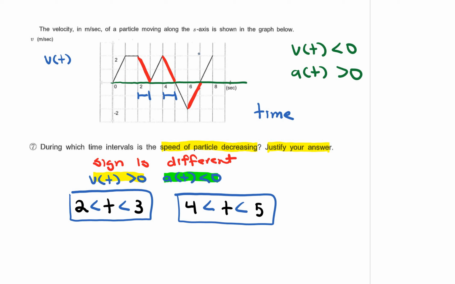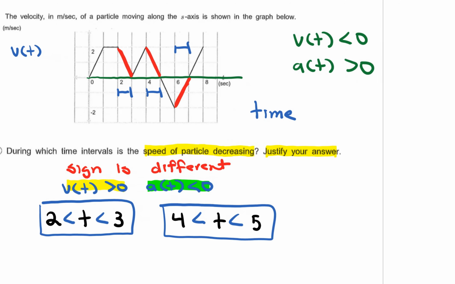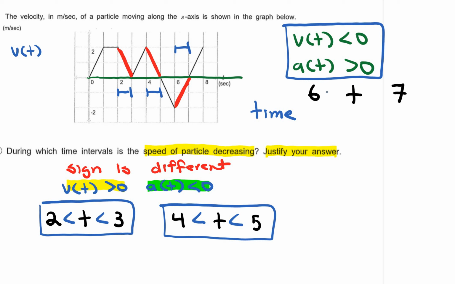And that is happening between 6 and 7 seconds, right? So another time where the speed of the particle is decreasing is when the signs are different, and this is another example where the signs are different. Below the x-axis, but the slope is positive, and that's happening between 6 and 7 seconds. So let's put the 6 over here, the 7 over there, time in the middle, and the signs always point like that. So those are the times where the speed of the particle is decreasing.